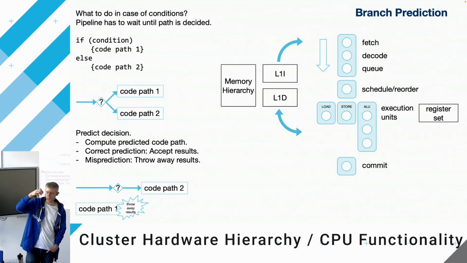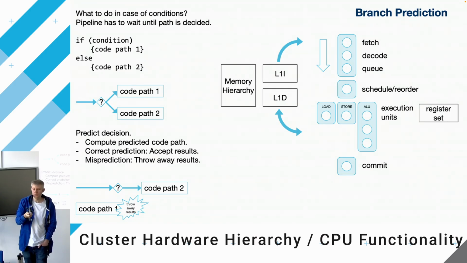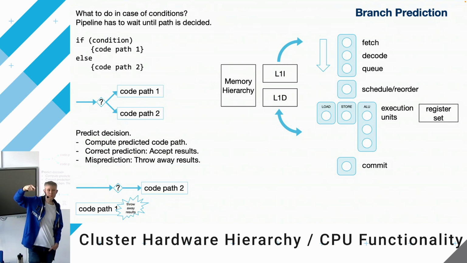For example, the CPU can cache the place of the comparison instruction and then track, okay, the last 50 times I did this comparison, it always took code path 1. I assume it will also take code path 1 the next time. For example, if you have a loop that's iterating over an array, then we will always jump back to our instructions in our loop.